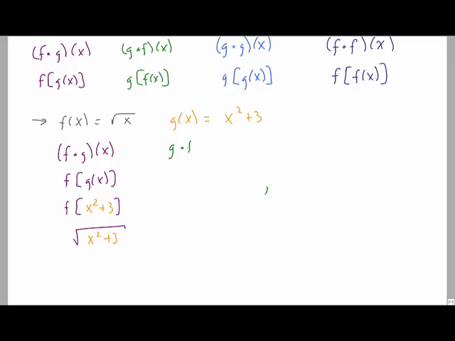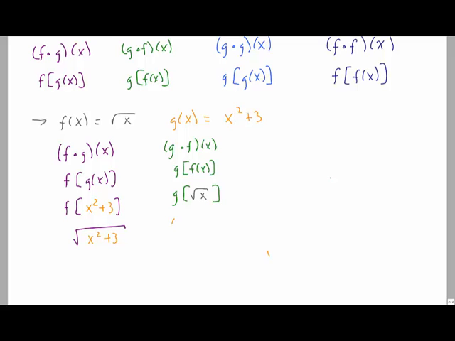Let's go ahead and look at g of f of x. That means I take the function f and I plug it into g. But f is the square root of x. And remember, my original function g is x squared plus 3.